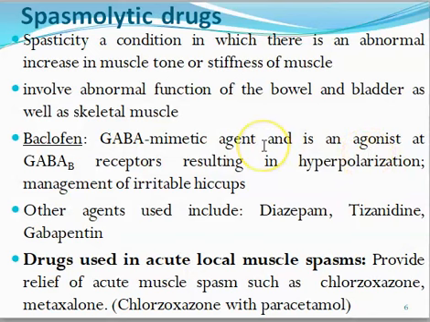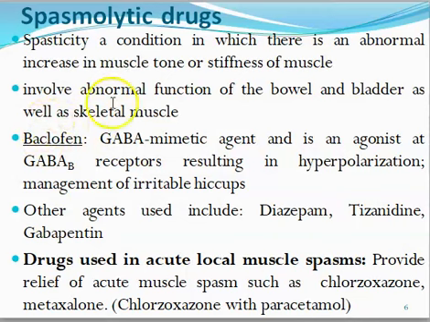Let me briefly explain the spasmolytic drugs again, because we know that spasticity is a condition in which there is an abnormal increase in the muscle tone of the GIT, and abnormal function of the bowel or the bladder, as well as the skeletal muscle. Of course, I'm just repeating those above.